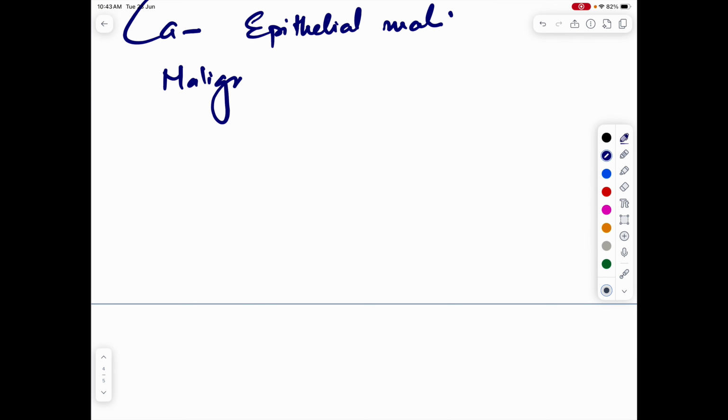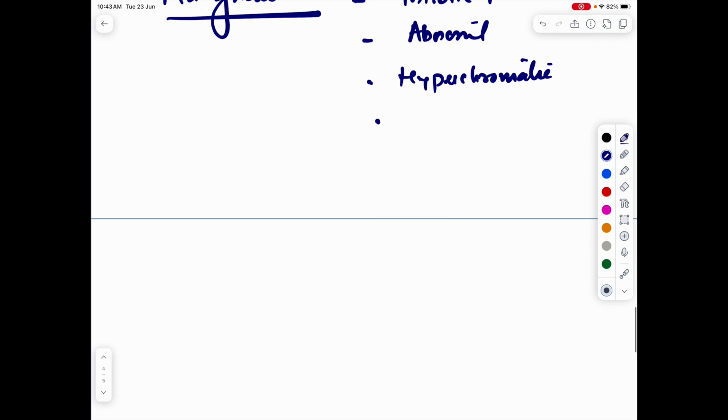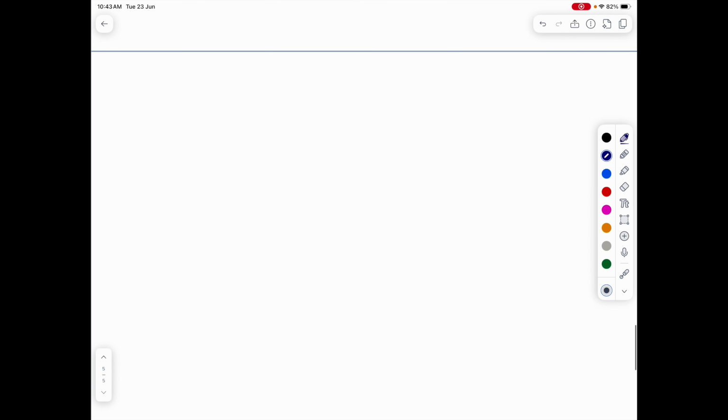Malignant cells have mitotic figures, abnormal mitosis, increased number, abnormal size, hyperchromatism, meaning the nucleus is dark, and pleomorphism, meaning the shape of the nucleus varies. The nucleus-cytoplasm ratio is increased, so the nucleus-cytoplasm ratio is deranged. So these are the features for basal cell carcinoma.